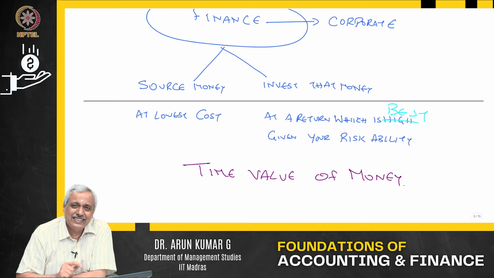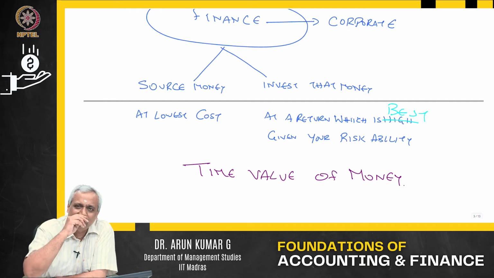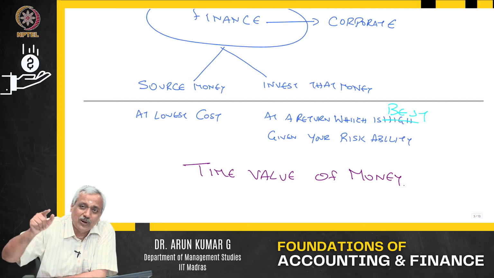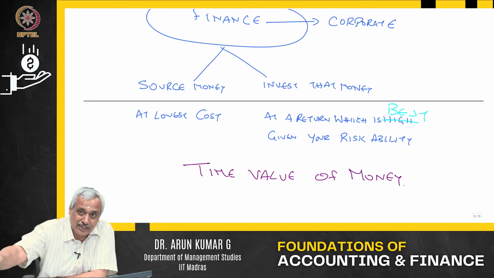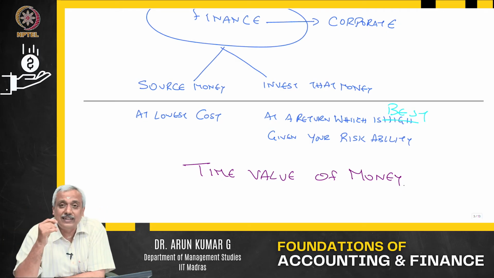But what is the value of that 1,10,000 5 years down the line? As of today you are putting in 1 lakh, you are going to get 1,10,000 5 years later. Is the 1 lakh today more than what I am going to get 5 years later, or is it lower? Let me repeat it. I know it's a little confusing for you.